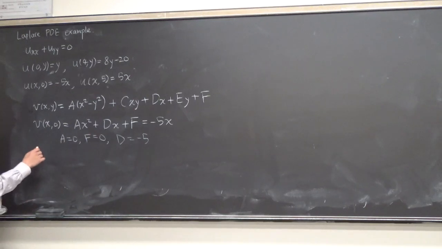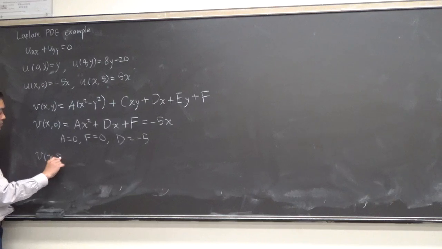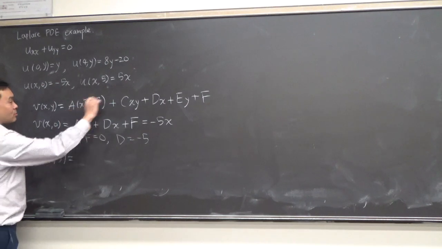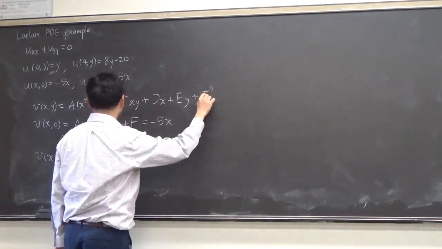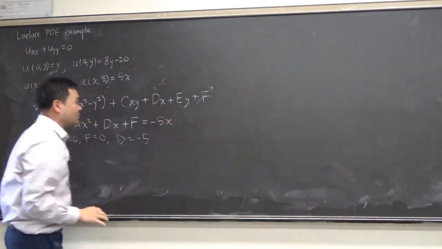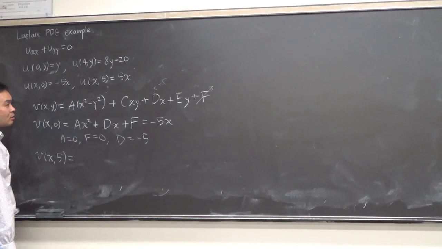Okay, now let's try to do the other one, v of x, 5. Now, we already have a as 0, so that's not there. F is 0, so that's not there. And then d is negative 5. So let's try to use the exact same thing. So let's see, we're plugging in 5 into y, right?